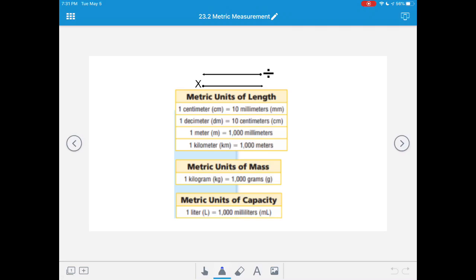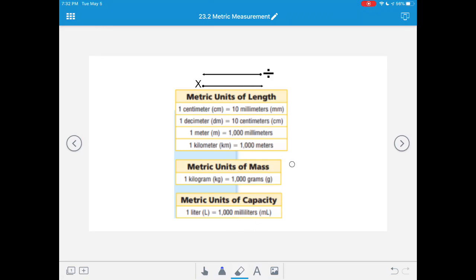This chart is in your textbook, but I would like you to copy it down into your journal. So you might need to pause the video so you can get that copied. And make sure at the top that you write down this key for yourself as well. That's to help you remember whether you should multiply or divide. So if we're going from any of these units on the left side of the chart, centimeters, decimeters, meters, kilometers, kilograms, or liters, to these other things that they equal, we're going to multiply.